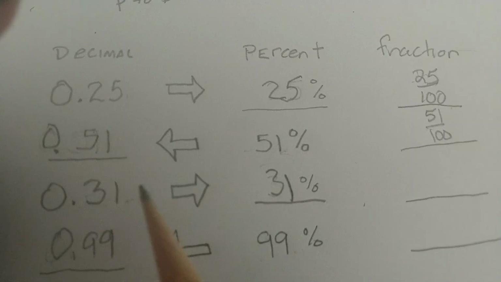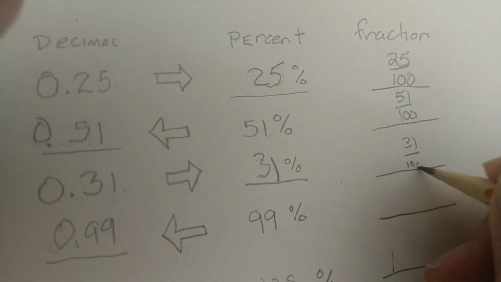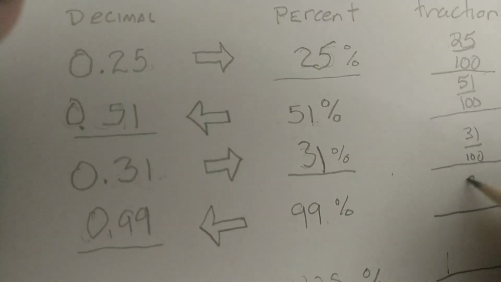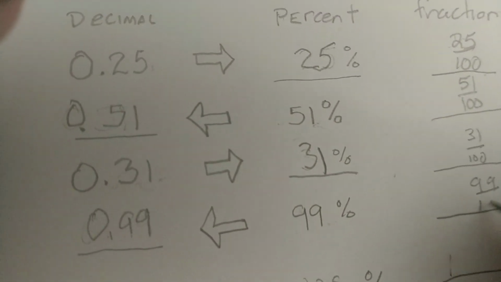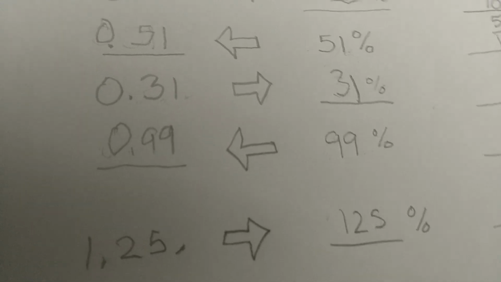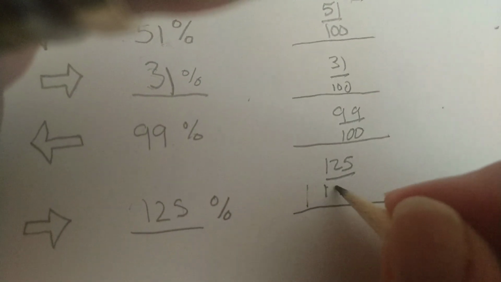This one is 31 hundredths. So we just write 31 over 100. And this one is 99 hundredths. Almost a whole, 99 over 100. And this one is greater than 100, so it's 1 and 25 hundredths, or 125 hundredths.